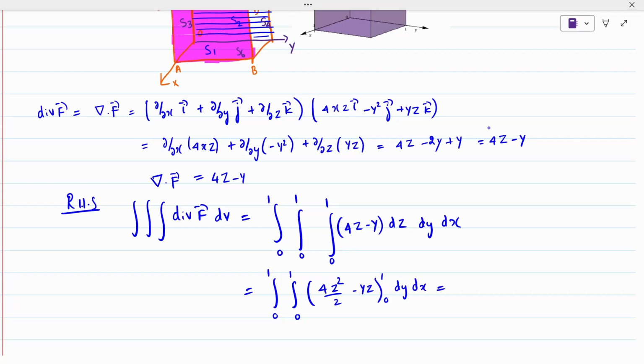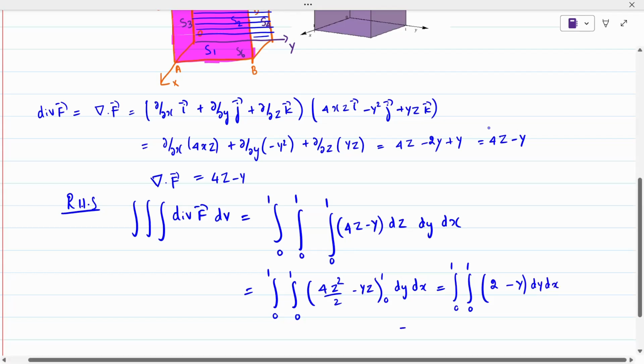Again one more time, from 0 to 1. Substituting z, I get 2 minus y into dy, from 0 to 1. Now with respect to y I have to integrate it.